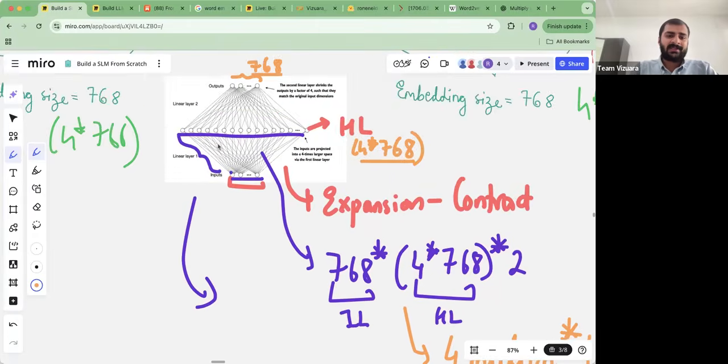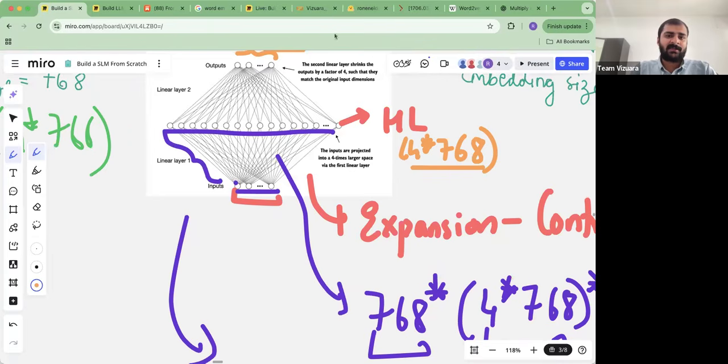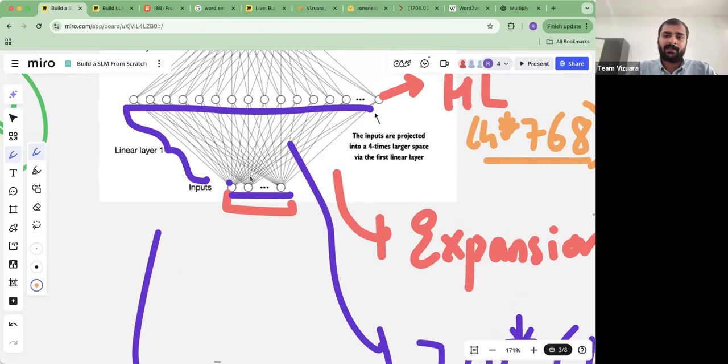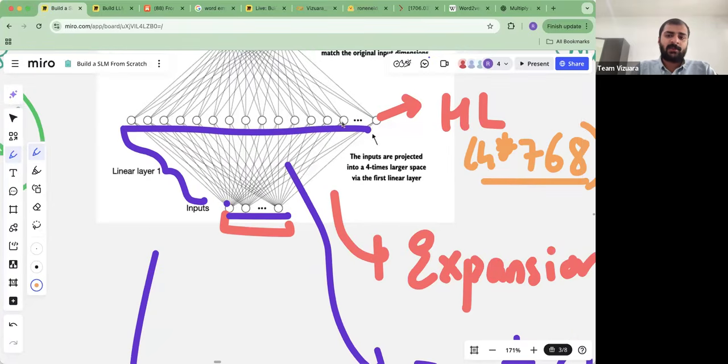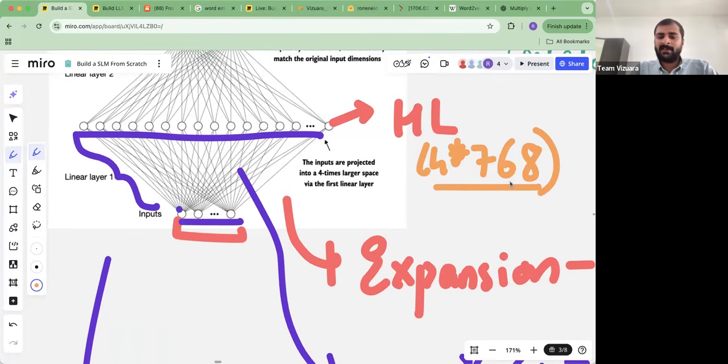If you are not able to understand this, it means your basic concepts about neural networks are not very clear. Because for a fully connected neural network, the number of trainable parameters is equal to the number of neurons in the input layer multiplied by the number of neurons in the hidden layer, right? And what is the number of neurons in the hidden layer? 4 multiplied by 768. What is the number of neurons in the input layer? It's 768.